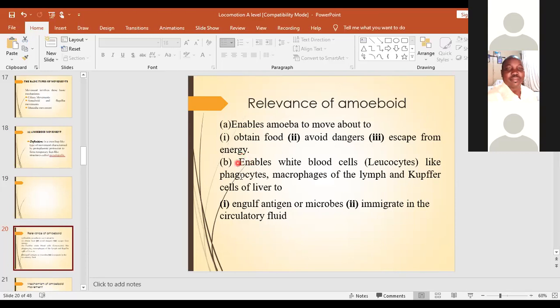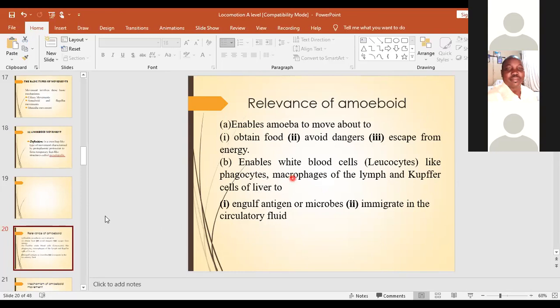Number two, another cell that exhibits amoeboid movement is the white blood cells called the leukocytes. So we have the phagocytes, the macrophages, the lymphocytes, and the Kupffer cells of the liver. All of them undergo what we call amoeboid movement.